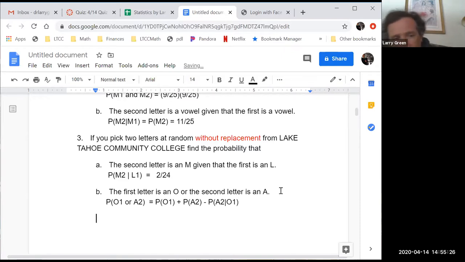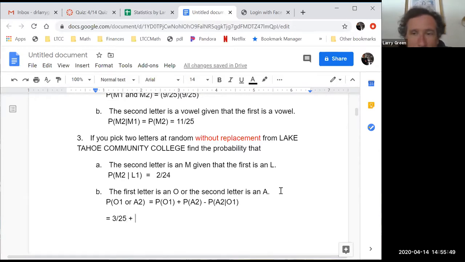Okay, so now we got to do these one at a time. So probably of the first letter is an O. Well, if you look at the O's, there's one in Tahoe, one in community, and one in college. That'll be 3 over 25. That's the first letter. Plus.